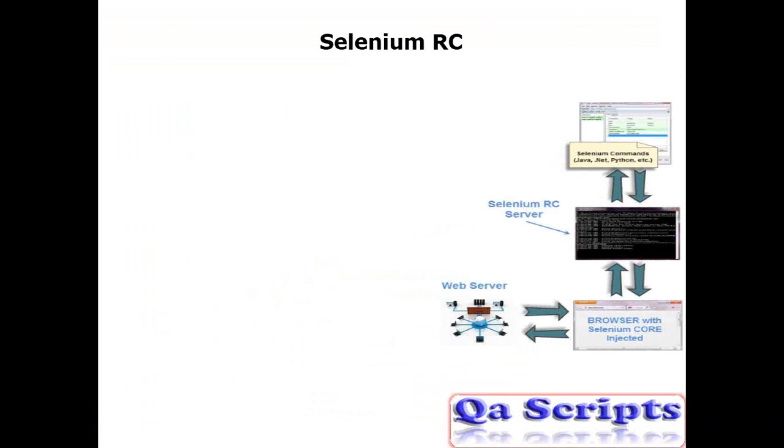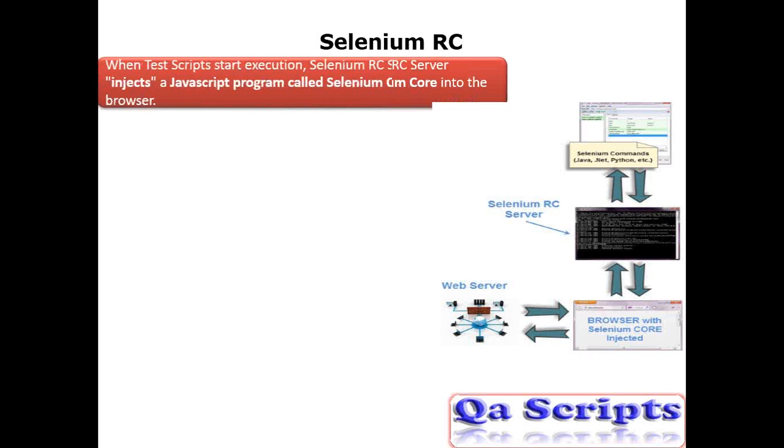As I showed in the figure here, this is Eclipse where we are going to write the script. In between Eclipse and the browser, we have the Selenium RC server, which is going to be up and running. What happens in case of Selenium RC from the technical point of view?